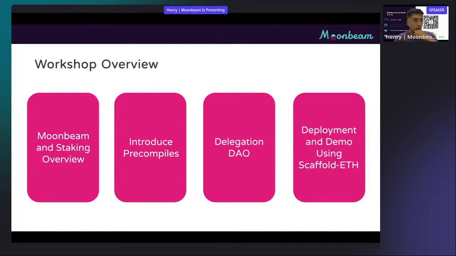We will first go over the smart contracts and the design of the DAO, and then finally we will deploy our contracts as well as a simple UI using Scaffold-ETH. And then at the end, we will do a quick demo of how everything works.